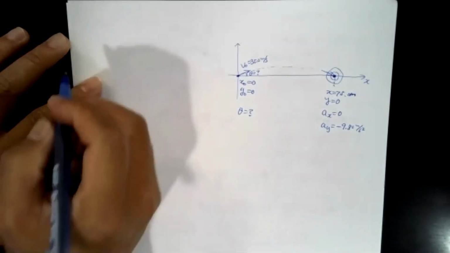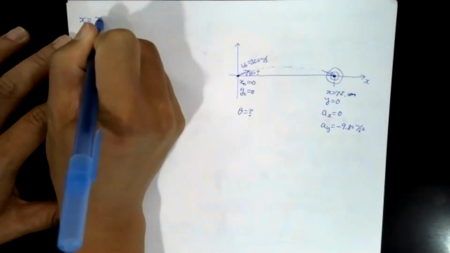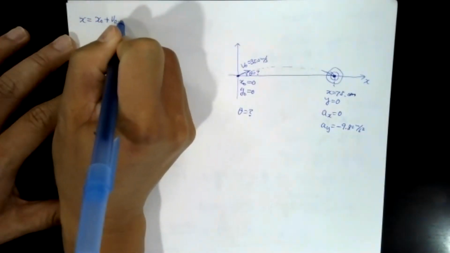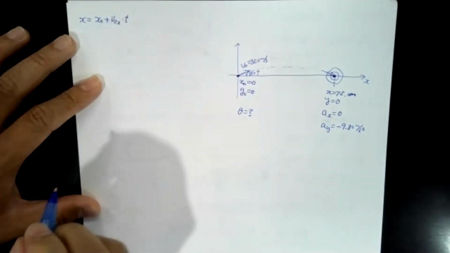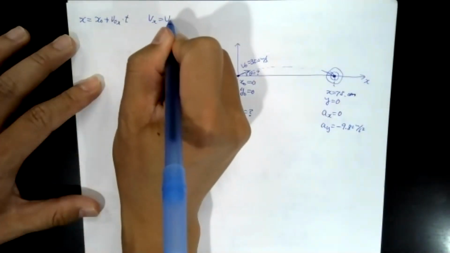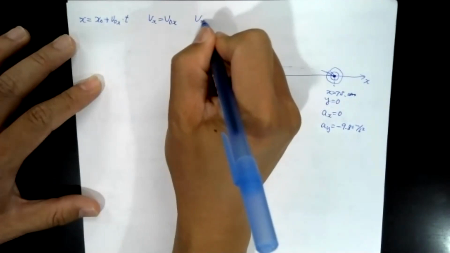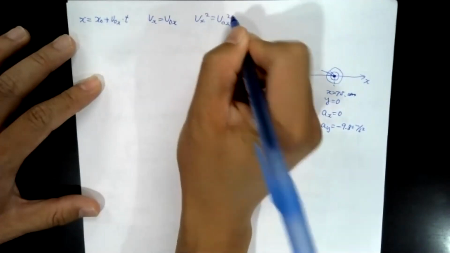Okay, so if you are looking at the equations of motion, then for the x direction, x is equal to x naught plus v0x times t. And then vx is equal to v0x. And then the third equation is the same as the second one, okay?